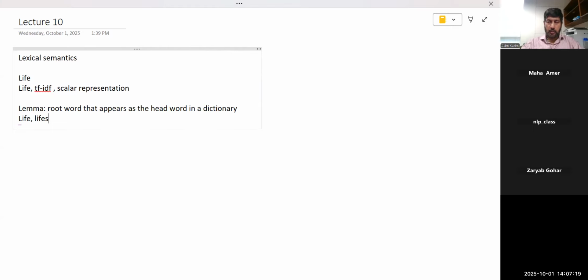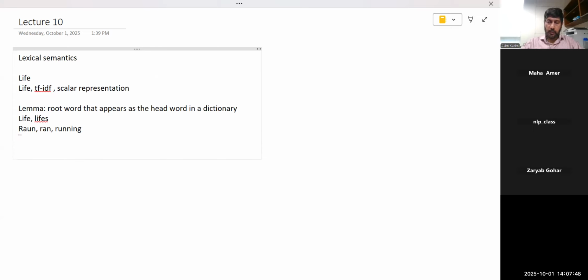And there could be other words like run, then ran, running. So there are various variations of a word, and the root word, the basic word that represents it, is usually called a lemma.